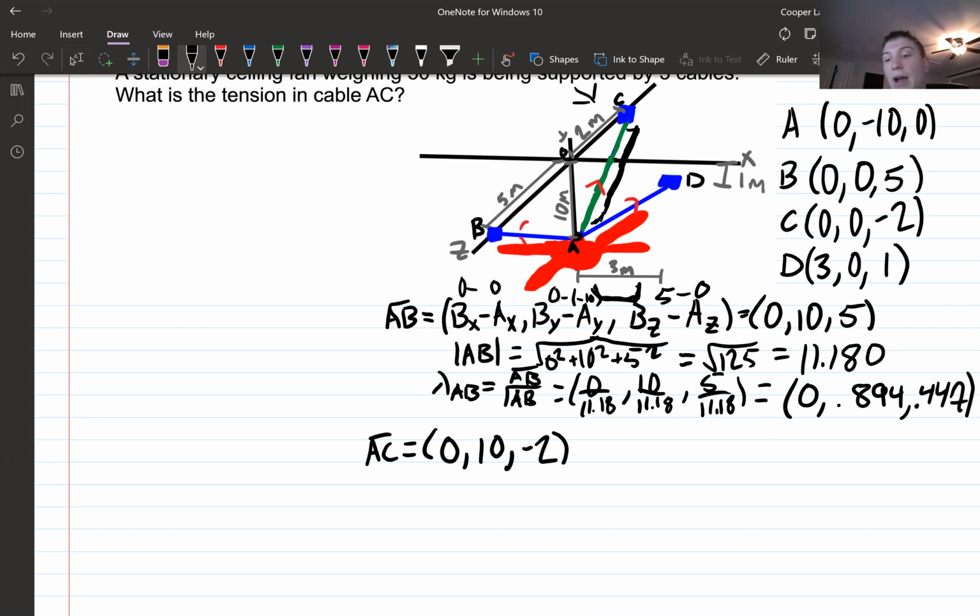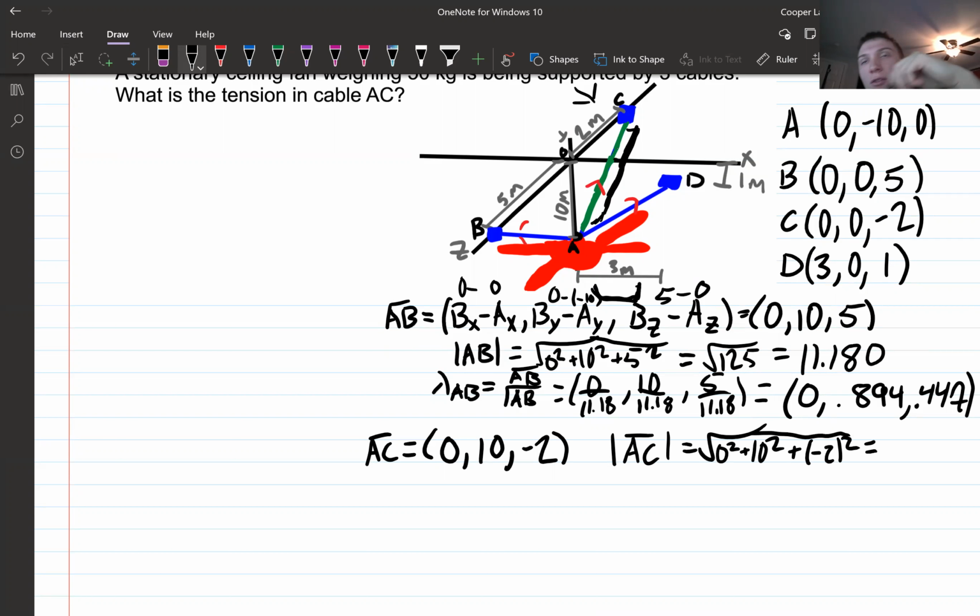Now that I have that, I move on to calculating my magnitude. My magnitude for AC is going to be the square root of 0 squared plus 10 squared plus negative 2 squared. When I do this out, you get a total of 10.198.